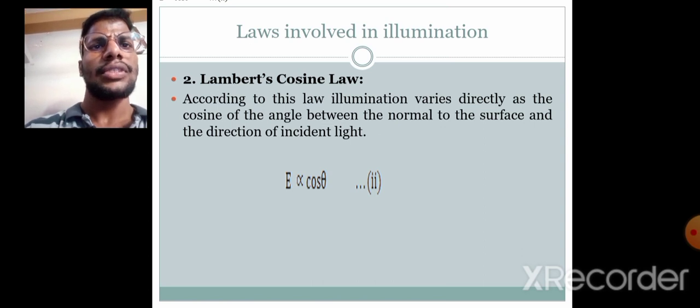Next is Lambert's cosine law. According to this law, illumination varies directly as the cosine of the angle between the normal to the surface and the direction of the incident light. Illumination is directly proportional to cos theta.